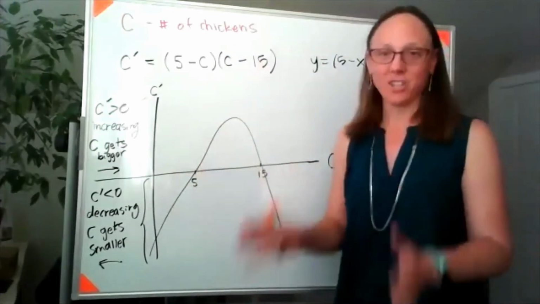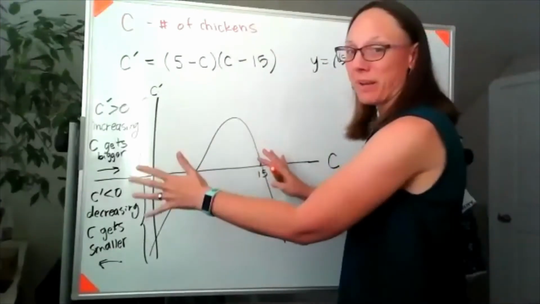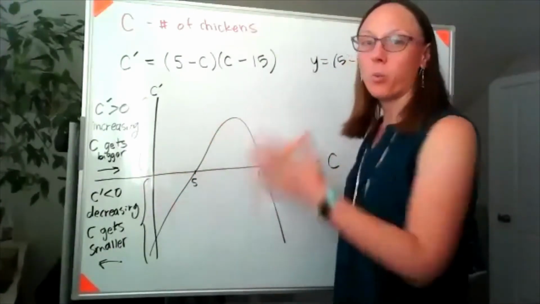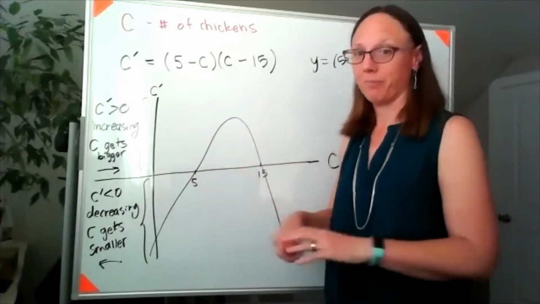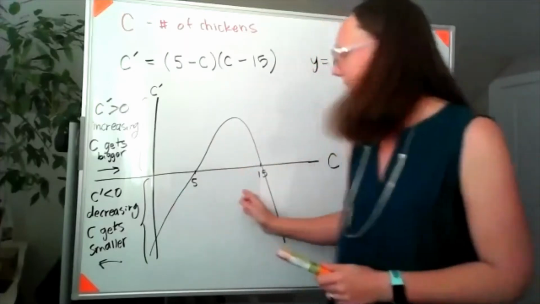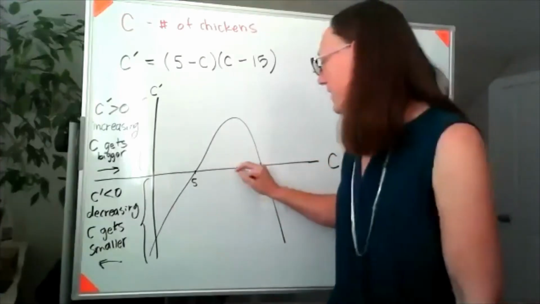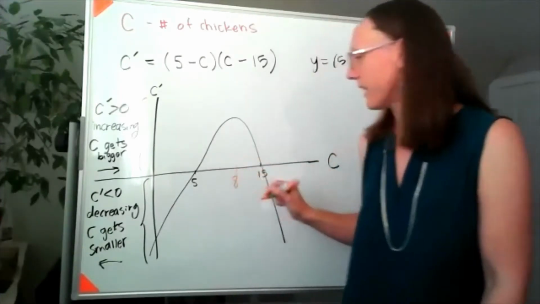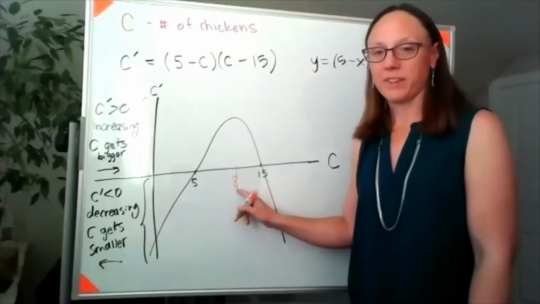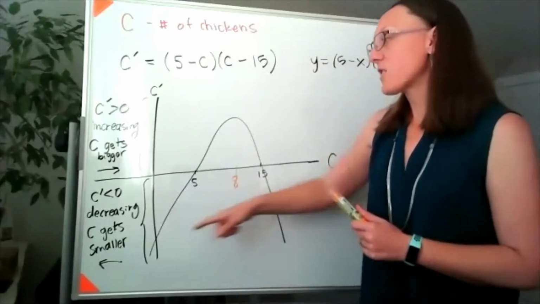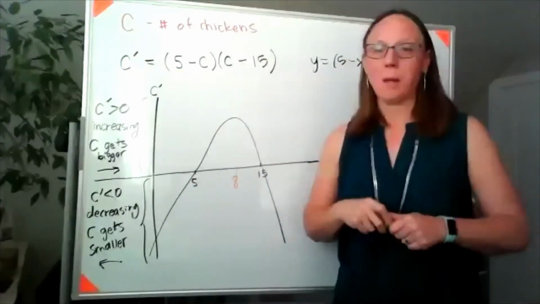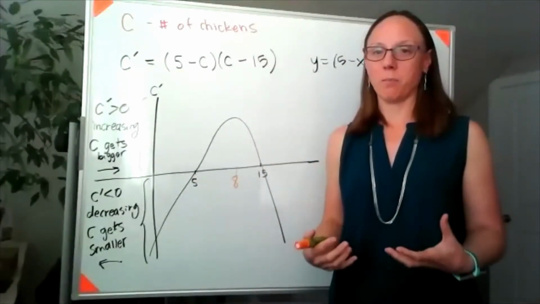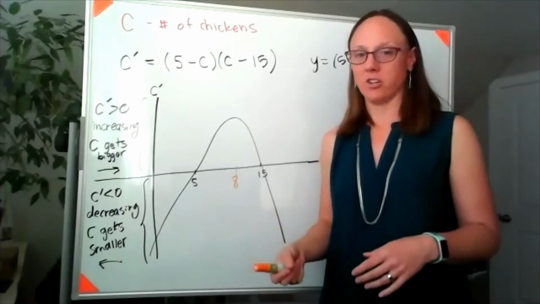So if I start with 8 chickens, this picture right here tells me what's going to happen to this population of chickens long term. Okay, 8 is somewhere between 5 and 15. So here's an 8. So if I start off with 8 chickens, then this curve right here is telling me what's going on with C prime, meaning it's telling me how the chicken population will change.